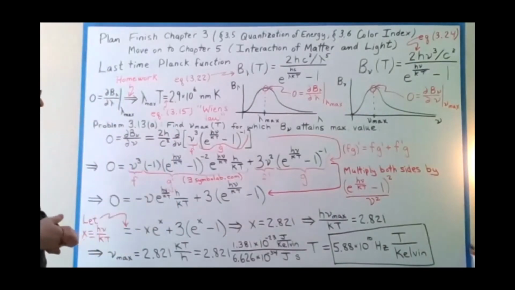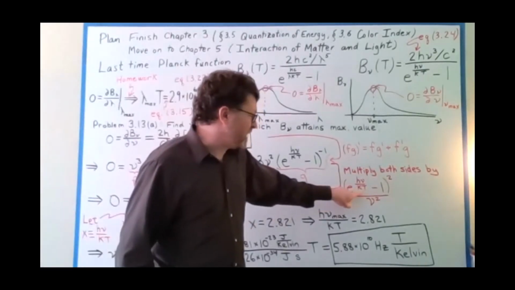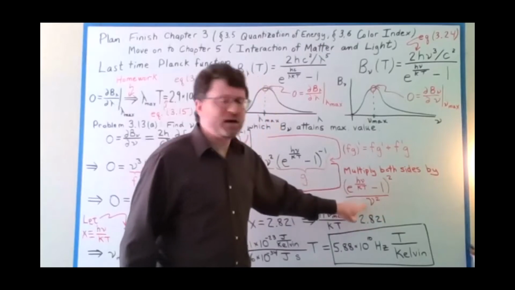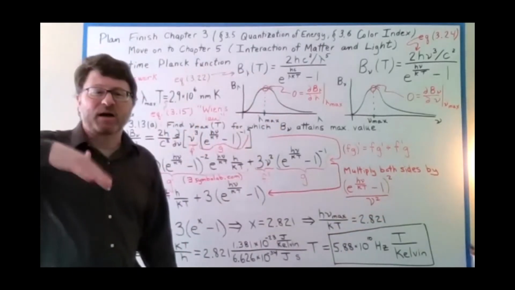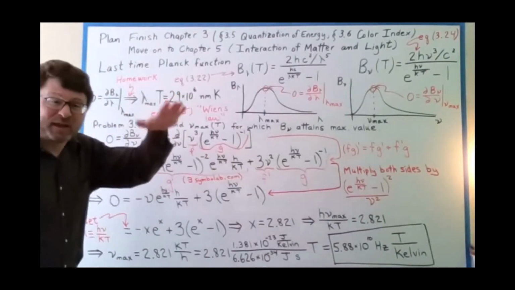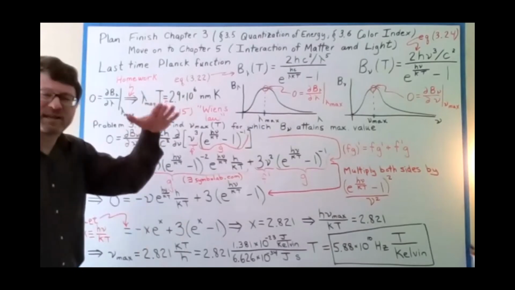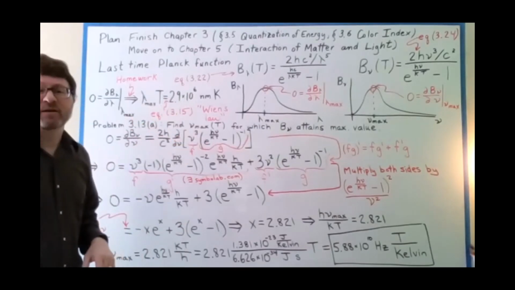The way I'm going to do it here is I'm going to multiply both sides by that denominator squared divided by nu squared. Why do I do that? Well, I don't like having things down in the denominator. And in my mind, this thing to the minus 2 is that thing squared in the denominator. I'd like to get it up to 1, or out of the denominator at least.